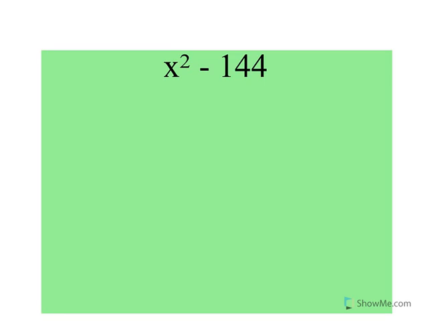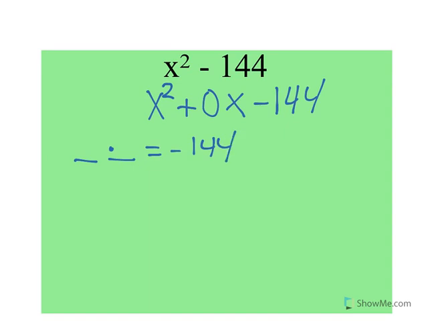Here's another one. I'd like you to take a moment and put the 0x in the middle, and then ask yourself, what two numbers can multiply to negative 144 that can also add to 0? Well, it has to be the same number. One has to be positive and one has to be negative. 12 times 12 is 144, but in order to add to 0, one of the 12s must be negative.